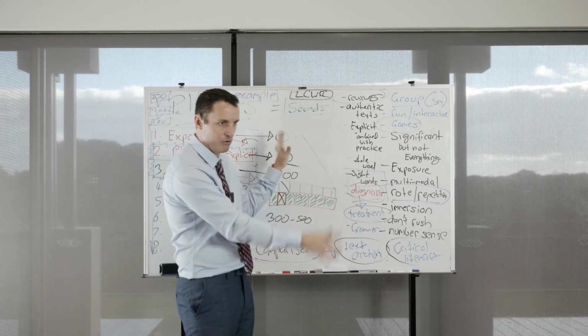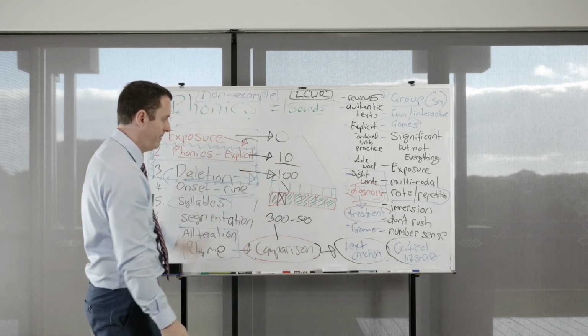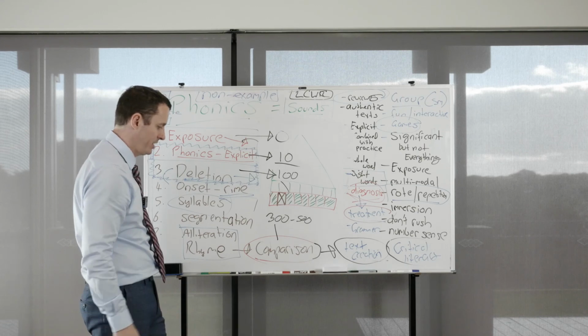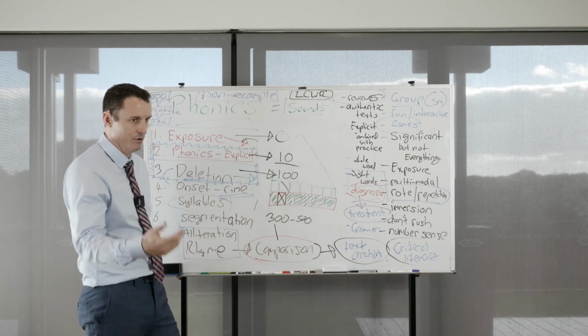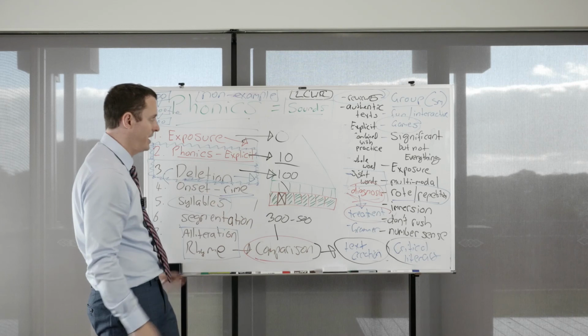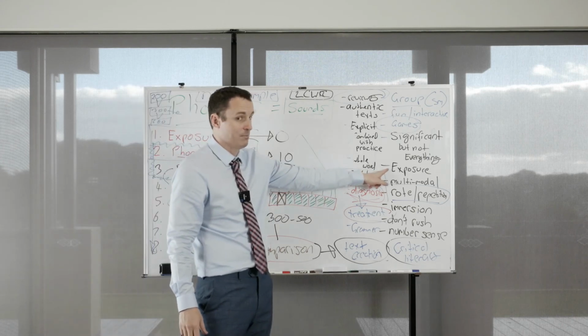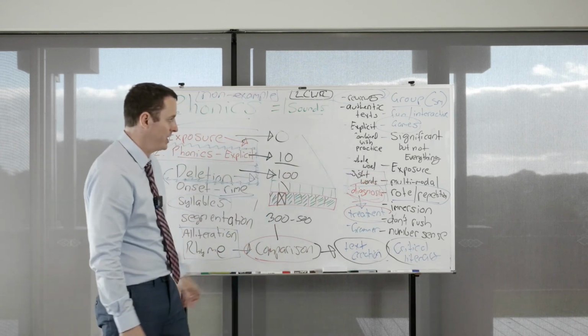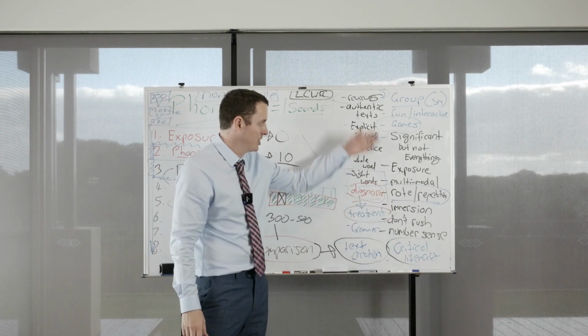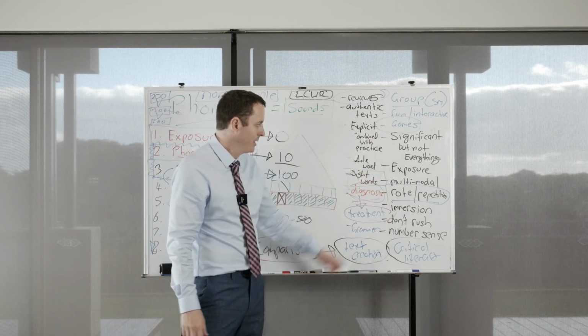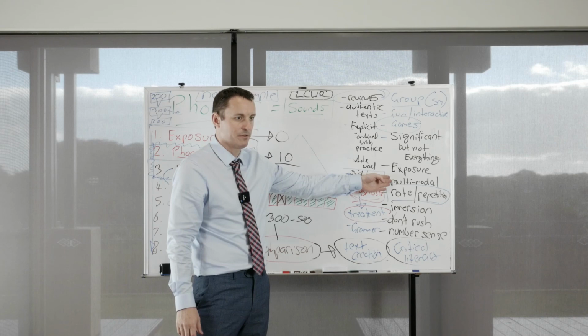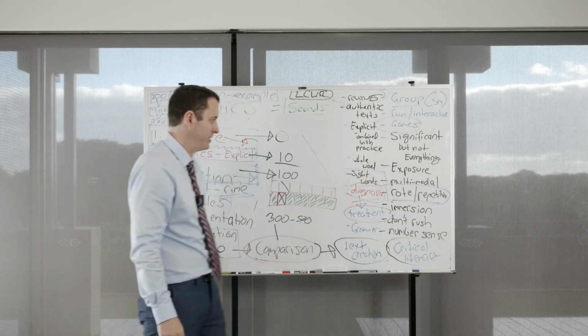There's no special neuroscience or fantastic program that's going to mean that your students or your children are going to be 10 times better. By and large, it comes down to exposure. Huge amounts of exposure, lots of repetition, lots of fun, lots of different exposure from lots of different people and text types and so on and so forth.